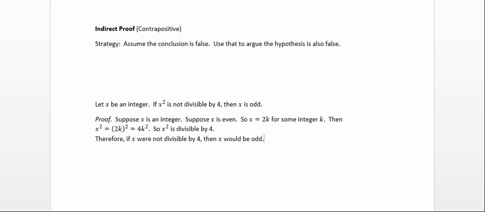Because we know if x is even, then, oops, I'm sorry, I forgot that squared here. Yeah, if x squared were not divisible by 4, then x would be odd, and that's what we wanted to prove. Because if x is even, x squared has to be divisible by 4. That's what we just proved in these two lines. So that's an example of an indirect proof, a proof by contrapositive.